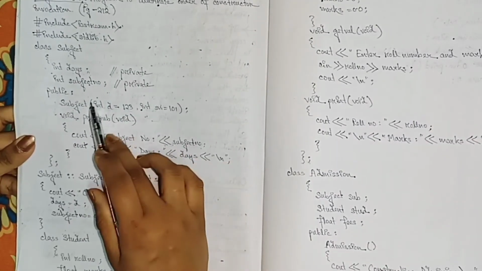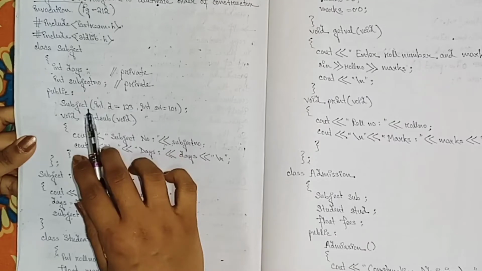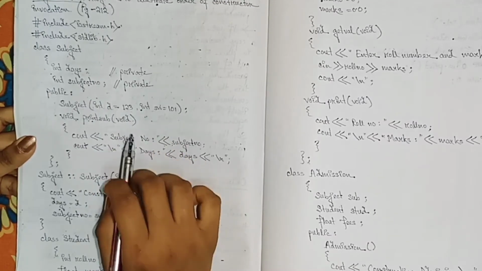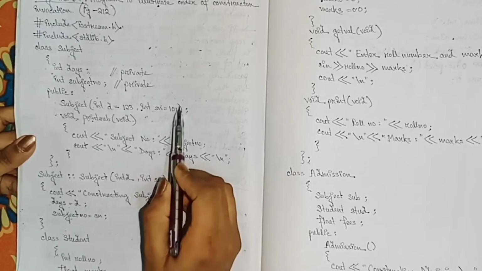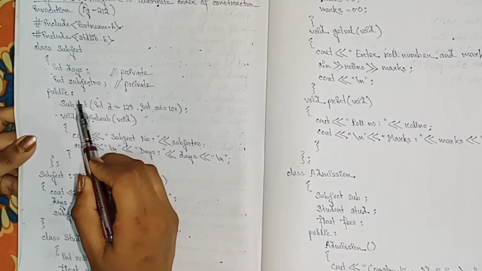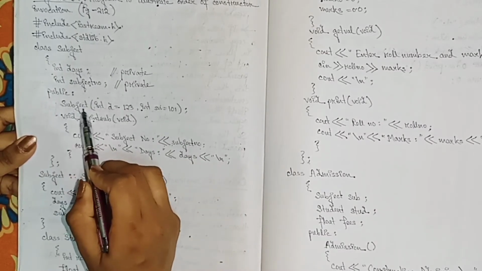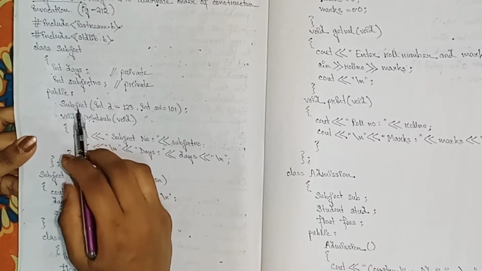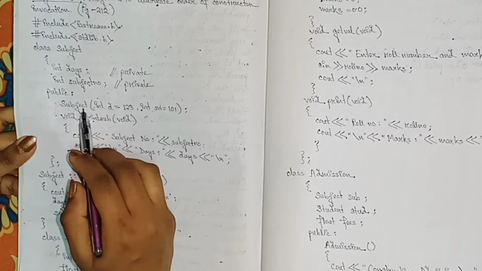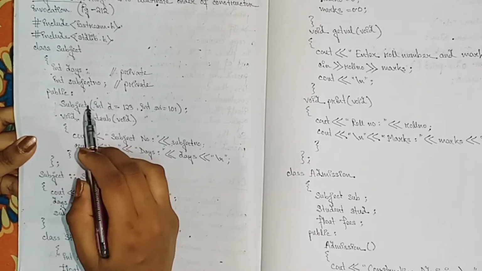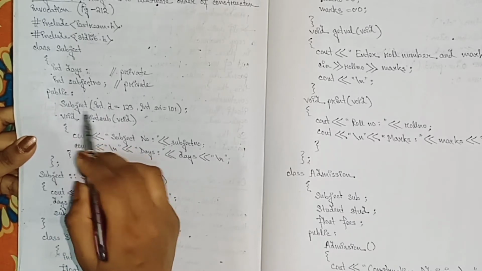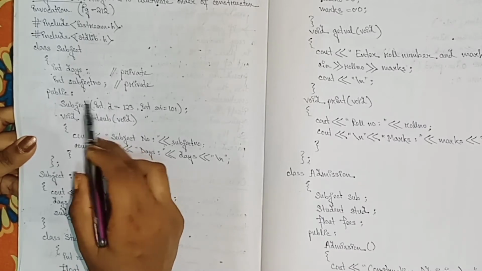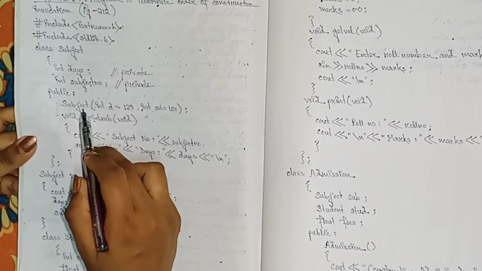Now you see inside this Subject we have taken some default argument values. Why have we taken these default argument values? This Subject is being defined here as a default constructor. It means if the user creates an object for this Subject without any parameter, then it will invoke this particular constructor.